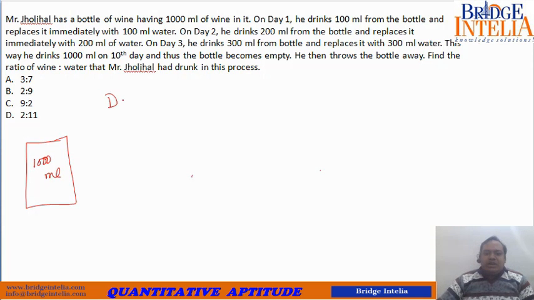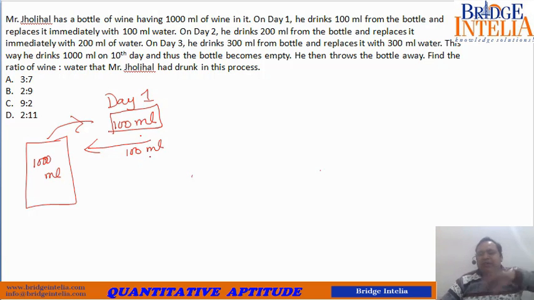So on day 1, this guy takes out 100 milliliters from his bottle. This 100 milliliters is pure wine, and he replaces it with water. That means he fills an equal amount of water in it. On day 2, he takes out 200 milliliters from his bottle.